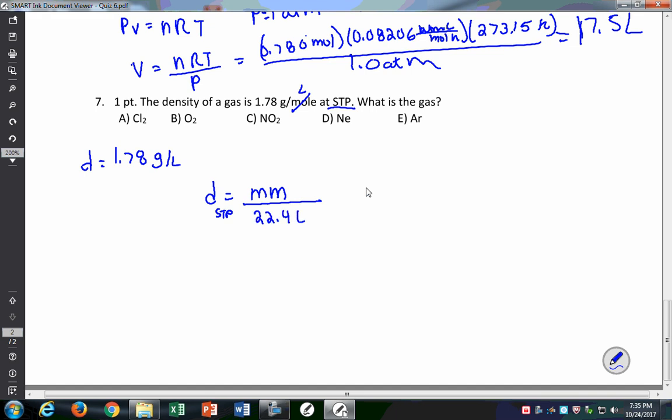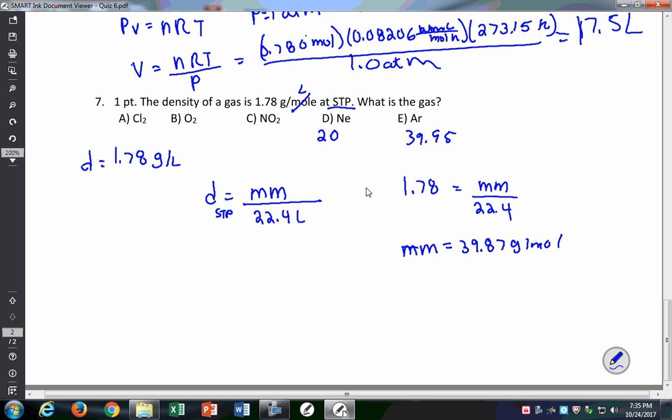So we have density, we can figure out molar mass. So that means 1.78 is equal to molar mass divided by 22.4. Our molar mass is equal to 39.87 grams per mole. And argon is 39.95, so that's really the closest.